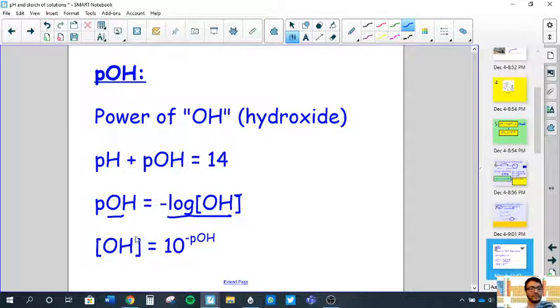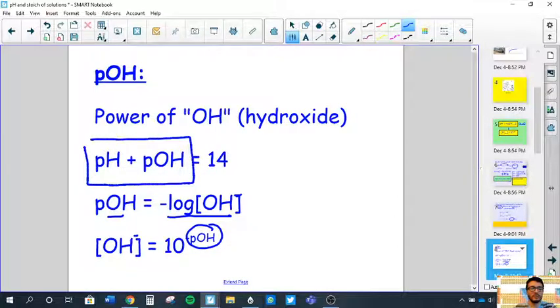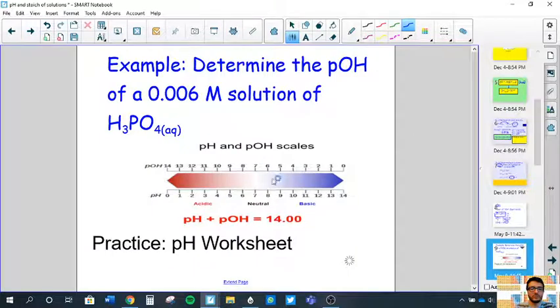You can also find the concentration of hydroxide ions by doing something similar, 10 to the power of negative pOH if you have the pOH value. Now how pH and pOH are related is if you add pH and pOH, you get 14. So the pH of a solution and the pOH of that same solution, you add them together, you will get 14.